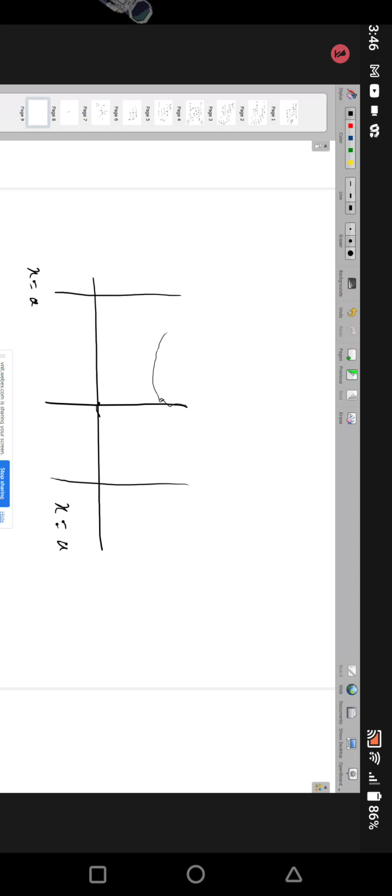So the curve passes through origin and is asymptotic. Because of the asymptotic nature, this curve will continue. And again, since there is an asymptote at minus a, similar thing.